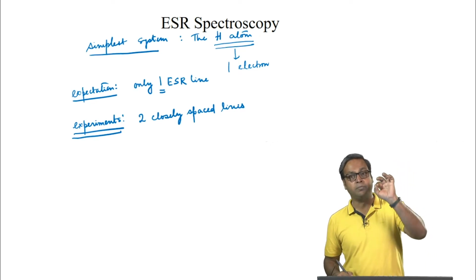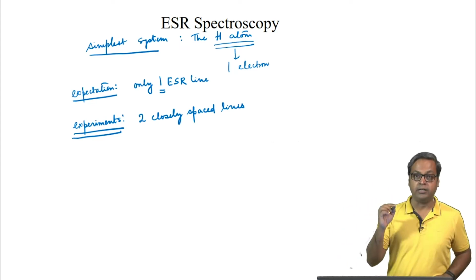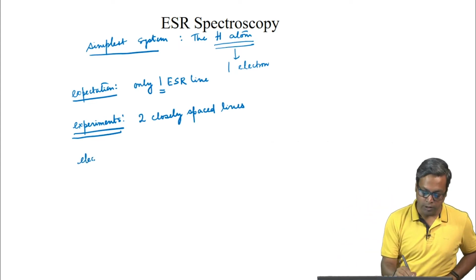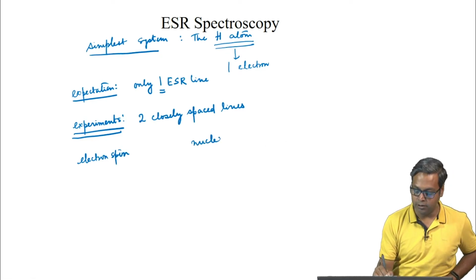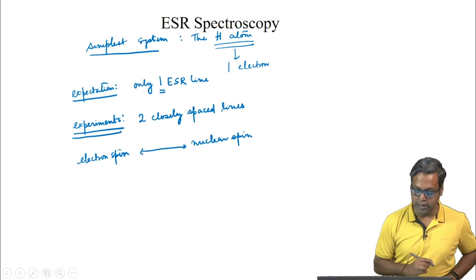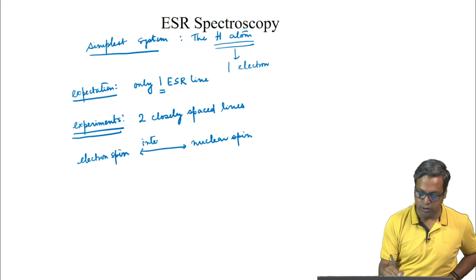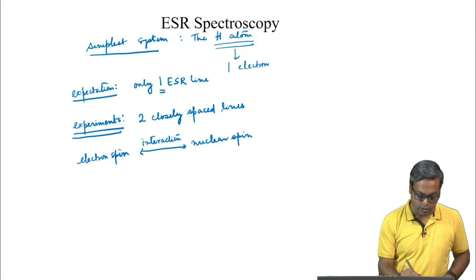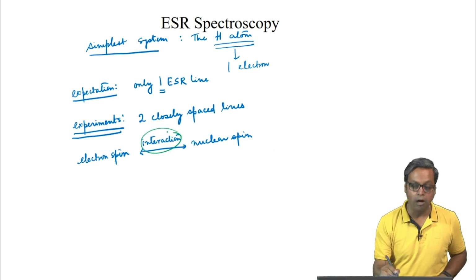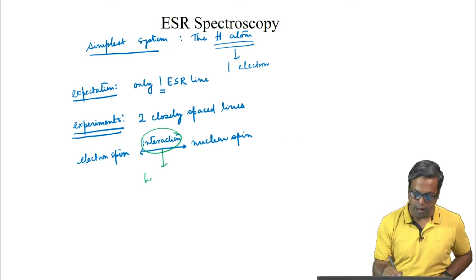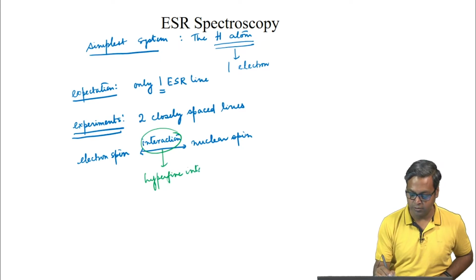This has been explained in terms of interaction between the electron spin and the nuclear spin, and this interaction has been termed hyperfine interaction.